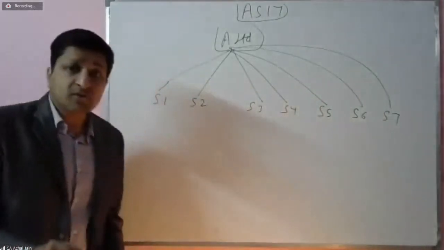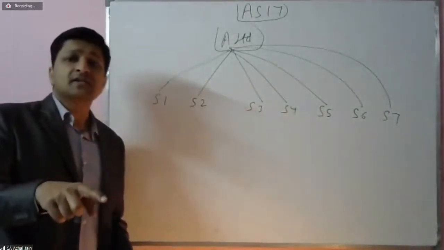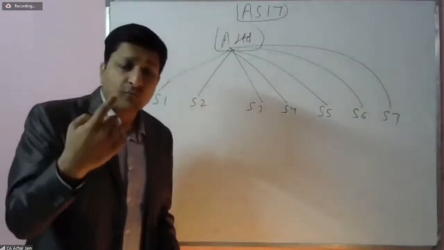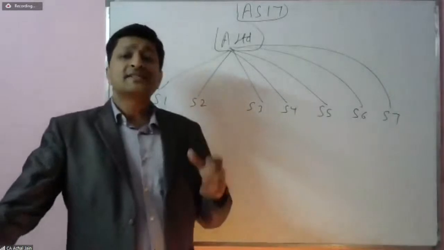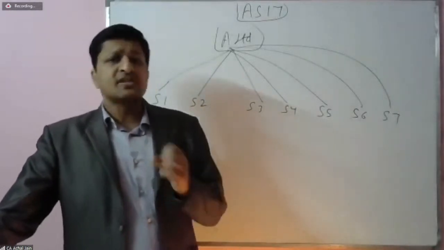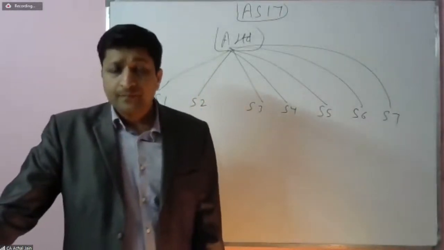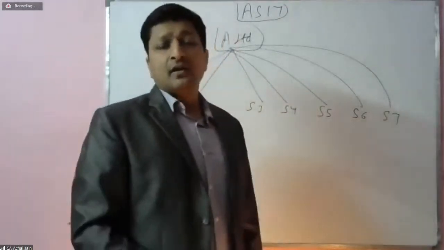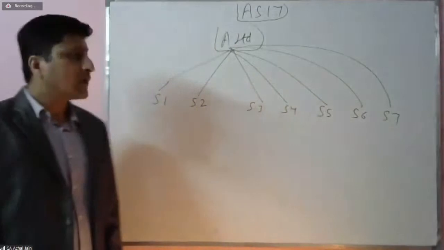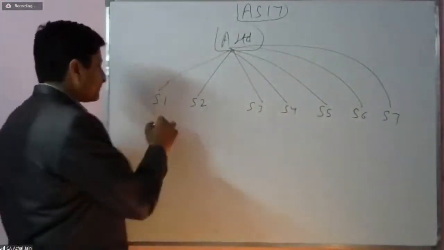The disclosure requirements for which segments have to be given in the financial statements is something which is required to be assessed first of all. And the segments for which the disclosures will be given are called reportable segments.